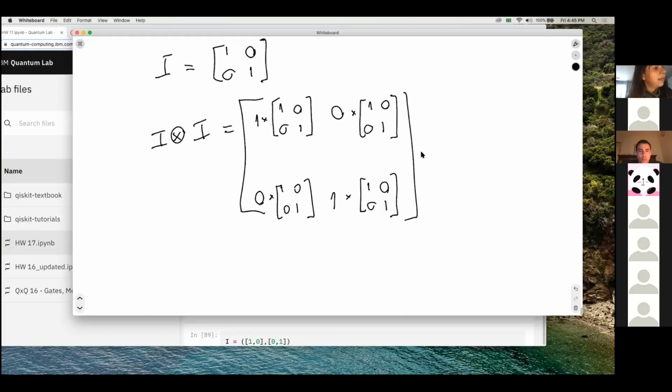And then let's see what we get. We're going to repeat the first matrix because it's 1 times this matrix. So obviously it's going to be 1, 0, 0, 1, because whenever you have a constant multiplying a matrix, you have this constant multiplying each element of the matrix.